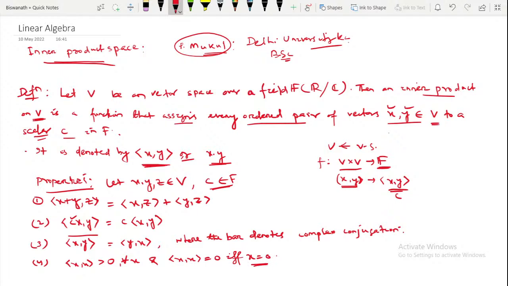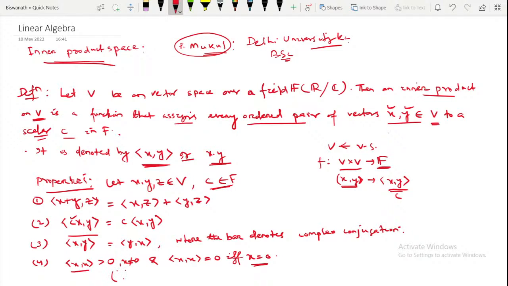That means if a vector is 0, then its inner product with itself is equal to 0, and the inner product of x comma x is strictly greater than 0 for x not equal to 0.